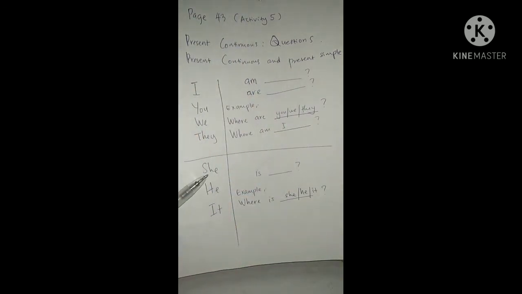Okay, look at the other group, which is singular. These are for the plural group. These are the singular group. She, he, it. For she, he, it, if there is no given WH question, you may start with is.